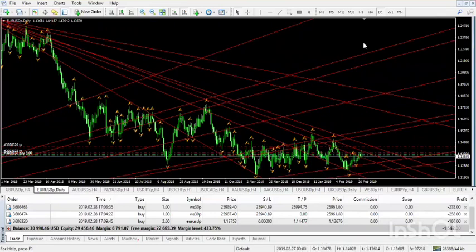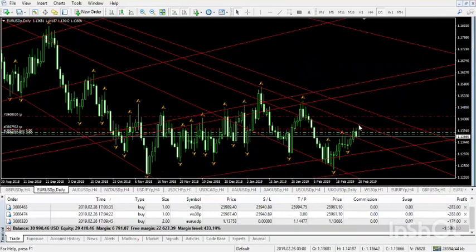Now that I have drawn this, you can see that the price has reached this wall and then it has retraced. And I think this wall here is going to be broken and the price is going to reach the next wall because we have an uptrend and I can exit in these walls.